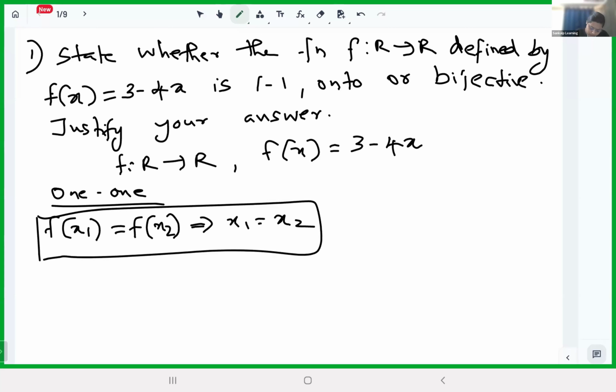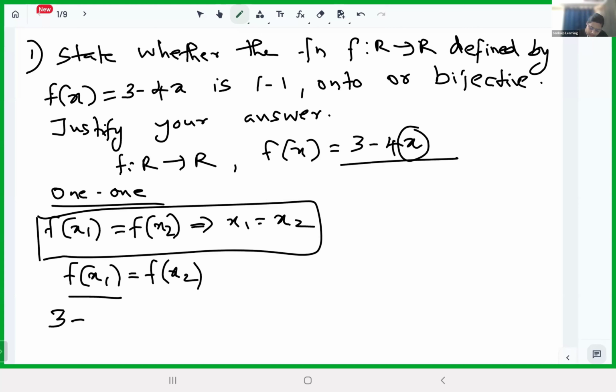All right, so I'm starting with f of x1 equal to f of x2. The function is 3 minus 4x. So to find f of x1, replace x with x1, so this will be 3 minus 4x1. And to find f of x2, replace x with x2, so this will become 3 minus 4x2.